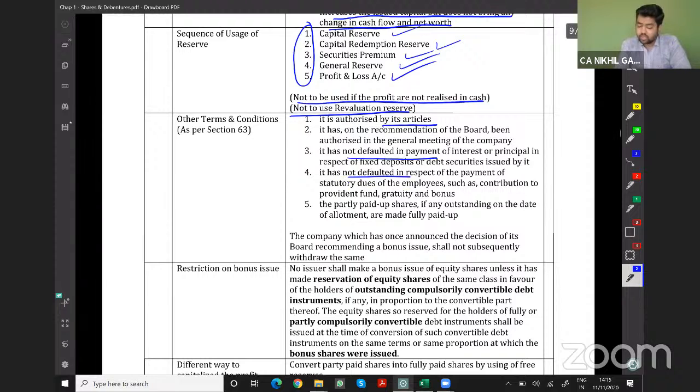It has not defaulted in respect of any payment of statutory dues of employees such as contribution to provident fund, etc. If there are partly paid up shares outstanding, they are made fully paid. So we should not issue bonus to partly paid up shares. We should convert them into fully paid up shares.